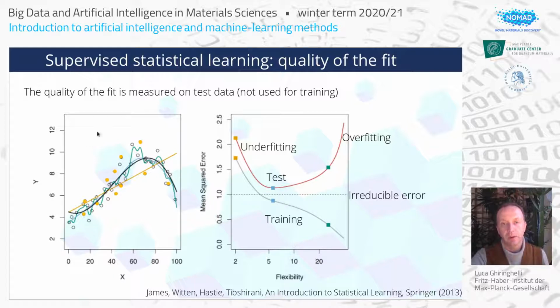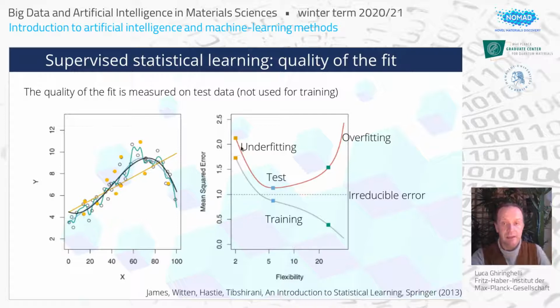So if we look at the error that we make when we analyze the model, we have a so-called training error, basically how well the training data are reproduced by the model. Clearly, the more the flexibility, the more this training error goes down.